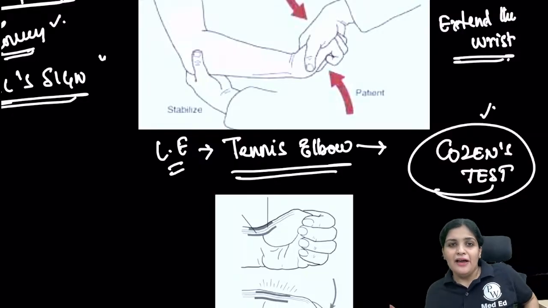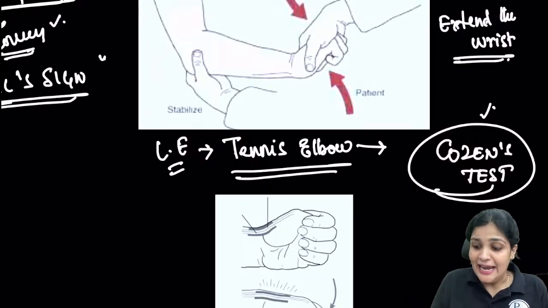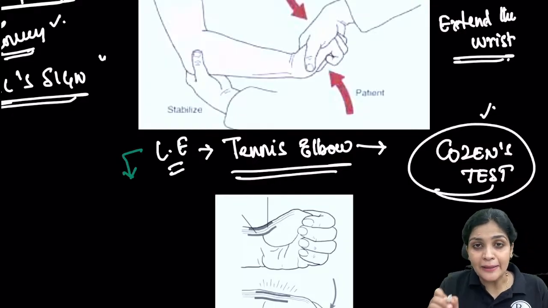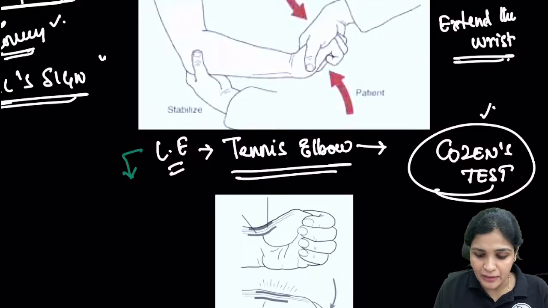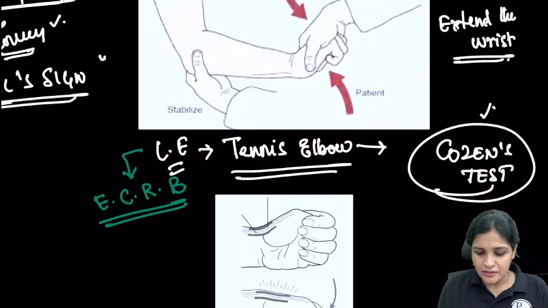Cozen's test is done whenever the patient is complaining about lateral epicondylitis. And here the question they can ask you is, what is the tendon which is involved in lateral epicondylitis, a very important muscle or tendon. It is extensor carpi radialis brevis.